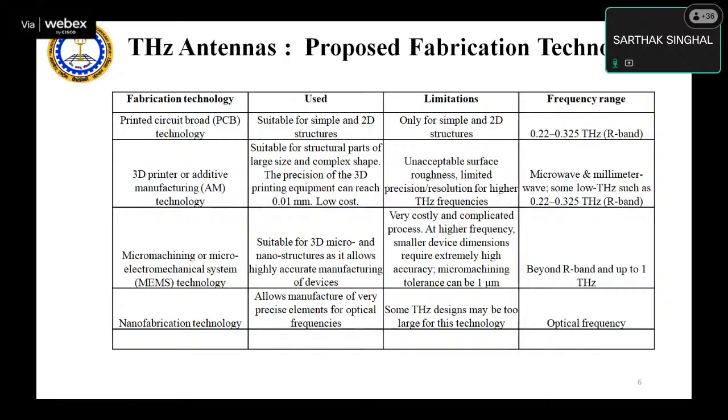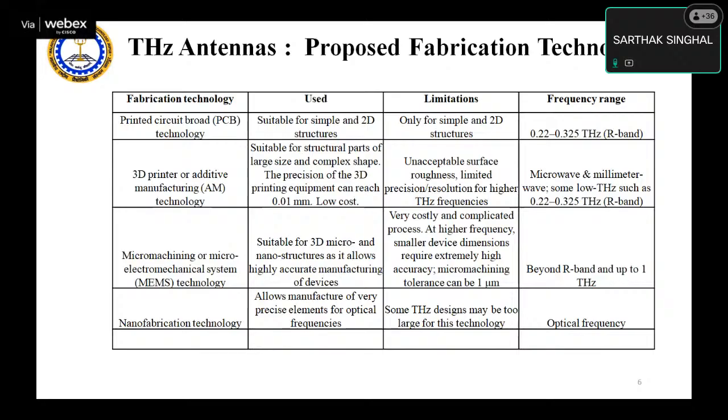So getting such a smooth surface is hard, because even if the surface roughness is of very low order, it can still affect the terahertz frequency spectrum significantly.